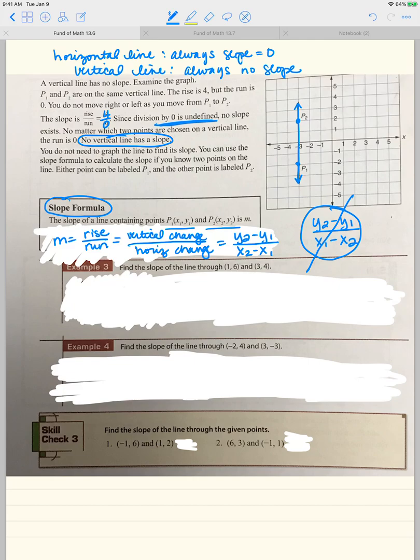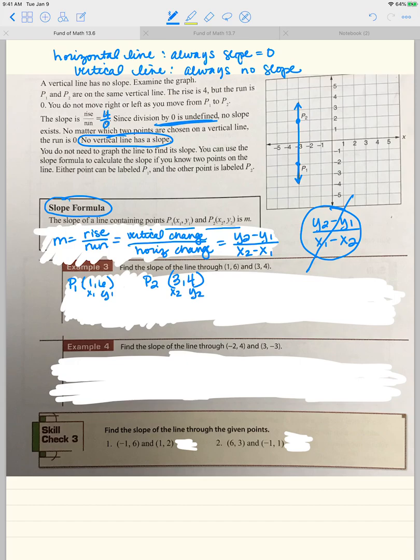Example number 3. Find the slope of the line through 1, 6 and 3, 4. So we are going to call point 1, 1, 6. And we're going to call point 2, 3, 4. So this is x1, and this is y1, and this is x2, and this is, whoops, y2.